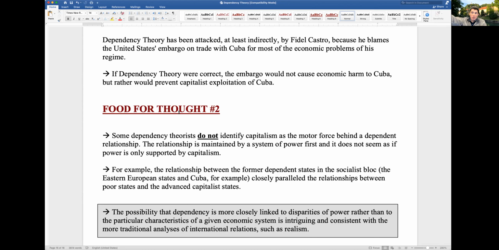Well, the Soviets were doing exactly the same thing in Cuba. So it doesn't have to be a market-based, neoliberal, capitalist force behind the exploitation. All you need is a powerful entity capable of moving into another country, periphery, center, and exploit it. Interesting food for thought here.